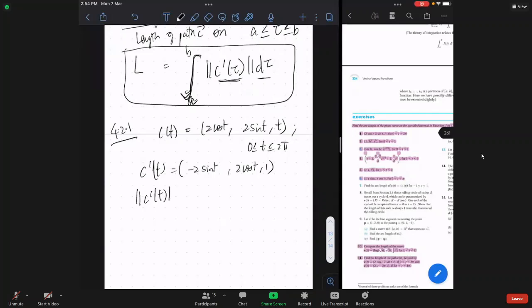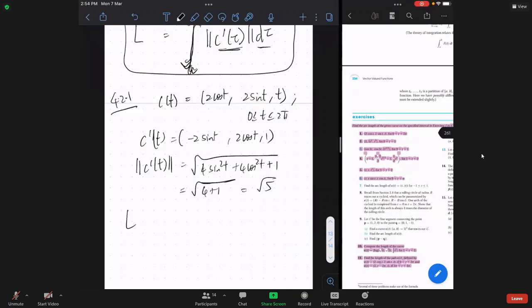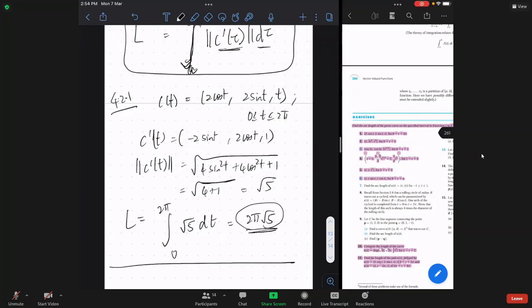The modulus of this is root of 4 sin square t plus 4 cos square t plus 1. I can simplify this as 4 plus 1, which is root 5. So my arc length is the integral from 0 to 2 pi of root 5 dt, which is 2 pi times root 5. That's all. This is your arc length.